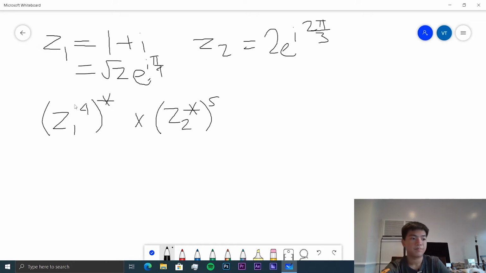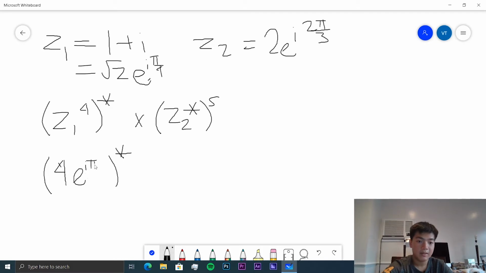So we have z1 to the 4, and we need to get the modulus of this, which is just 4 e to the i pi, which is funny because that's just negative 4, but we'll convert that later. We're multiplying it by the conjugate of 2e to the i pi over 3, to the power of 5.